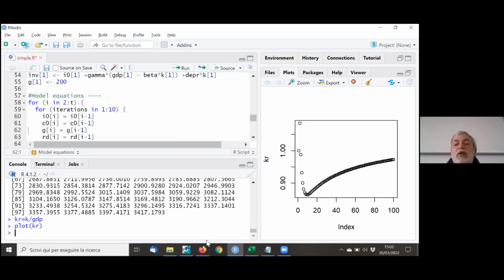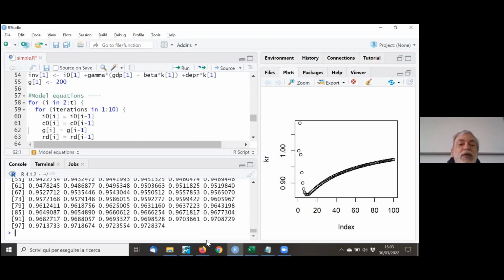So it is converging to a steady state. So this is reassuring, at least the ratio. And the steady state is close to 973, which is more or less what we had before.